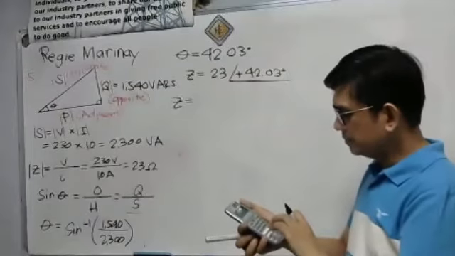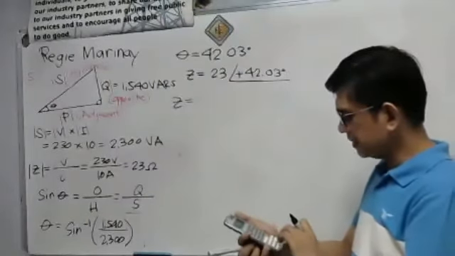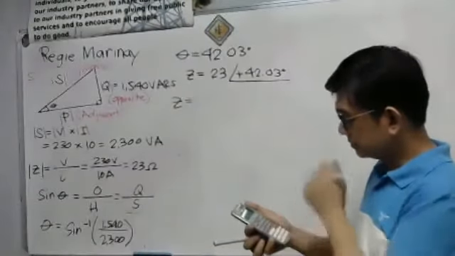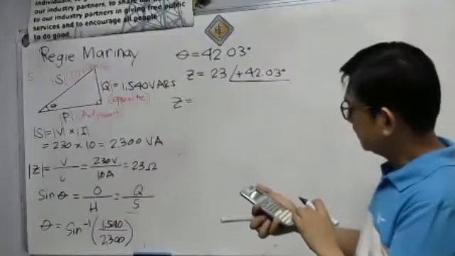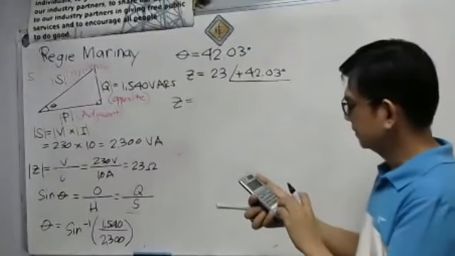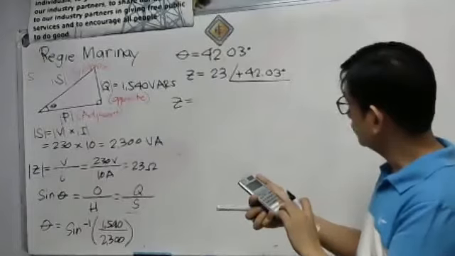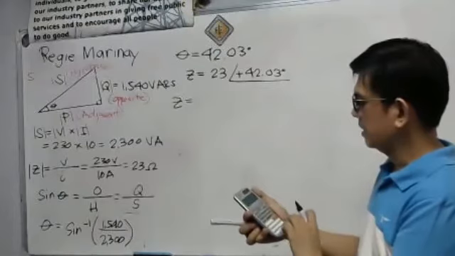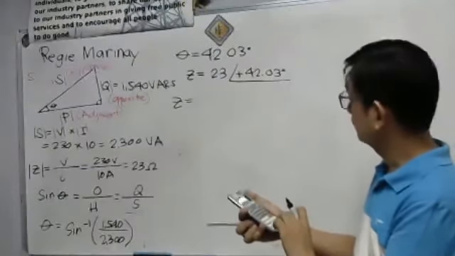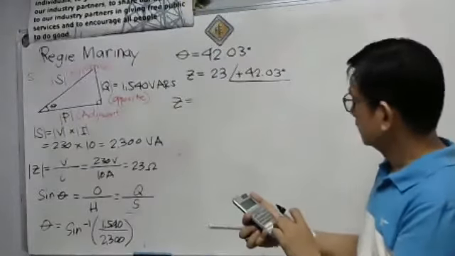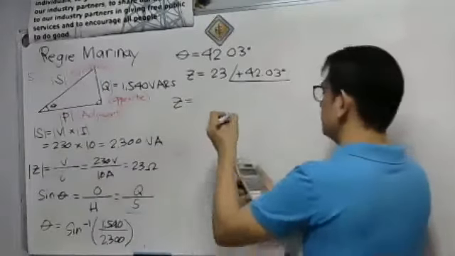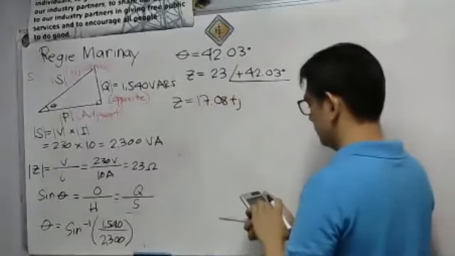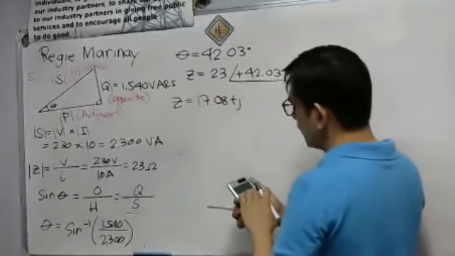Okay, so we have shift. You press the minus sign now. So we have the 23, then the shift, close parentheses, so you will have your comma. So you will have here 42.03. Then, okay, we have here 17.08 plus J. Your J is your Y part here.